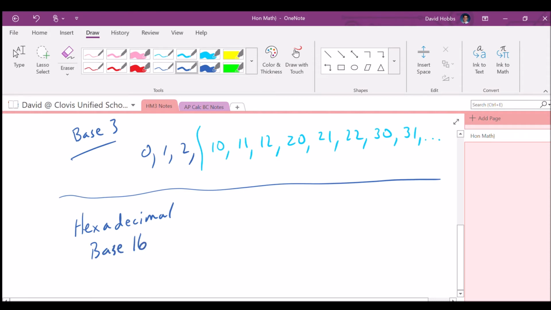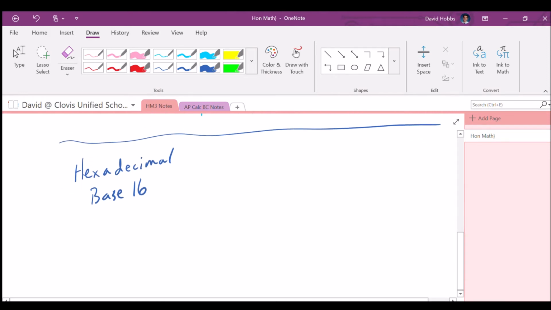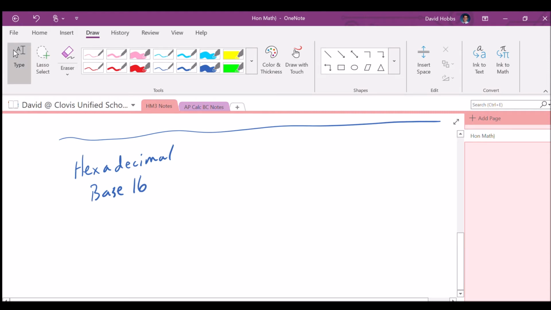If you saw the movie The Martian, they were using hexadecimal. Okay, so base 16. So here goes. We have to have 16 single-digit representations to represent 0 through 15, in other words. Okay, so 0, 1, 2, 3, 4, 5, 6, 7, 8, 9.